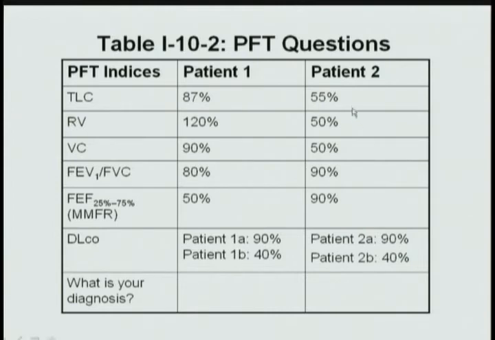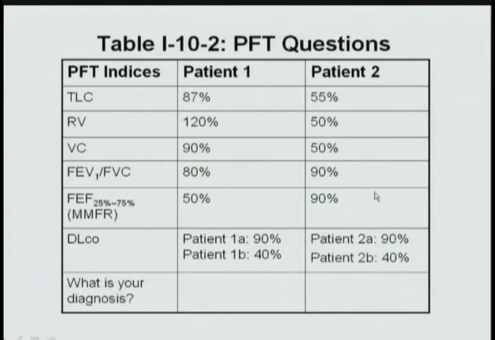This patient has total lung capacity, 55% of predicted, that's low. Residual volume, 50% of predicted, that's also low. 50% of predicted vital capacity, that's also decreased. So far, I'm looking at somebody with likely a restrictive pattern because these static volumes are decreased.